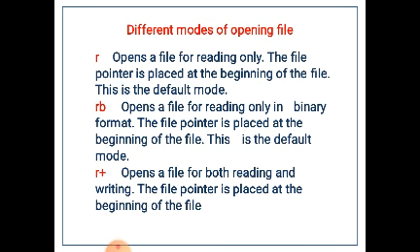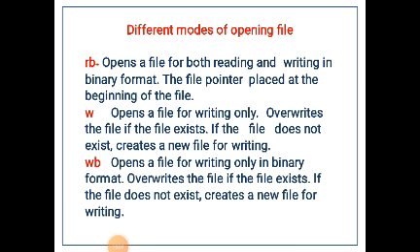And we learnt about the different modes of opening a file. R for read only, RB for read only in binary format, R plus both for reading and writing, RB plus both for reading and writing but in binary format.